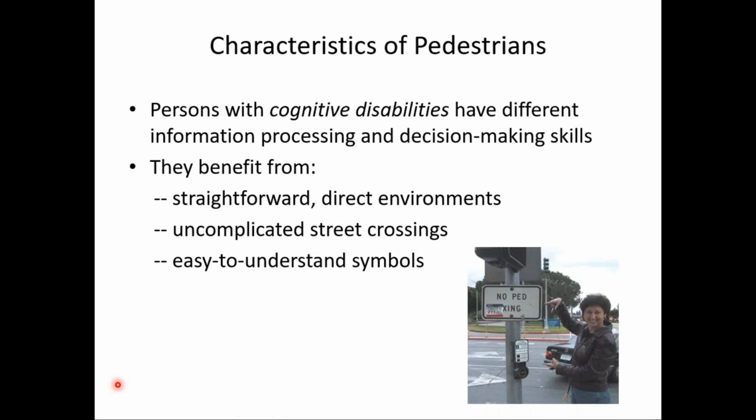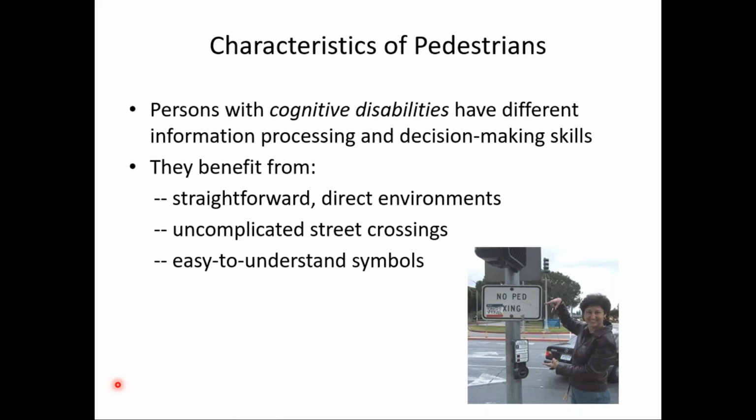And then the third category of impairments are individuals with cognitive disabilities. This affects information processing and decision making. And cognitive disabilities include things like individuals who have suffered traumatic brain injuries, that's a cognitive disability, or autism.